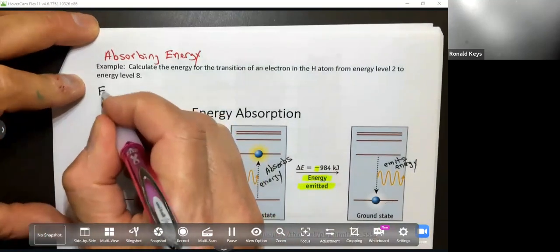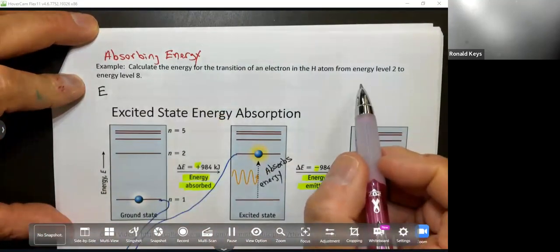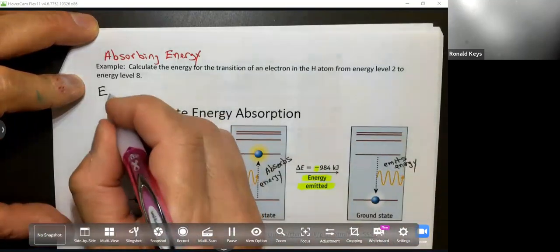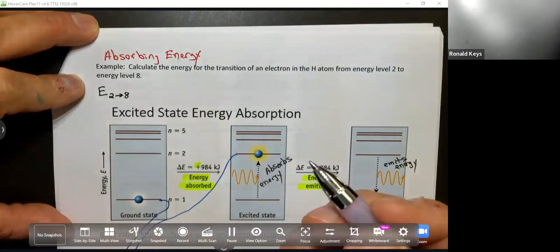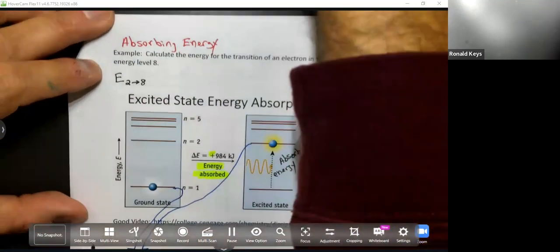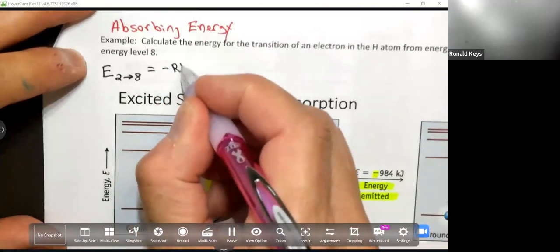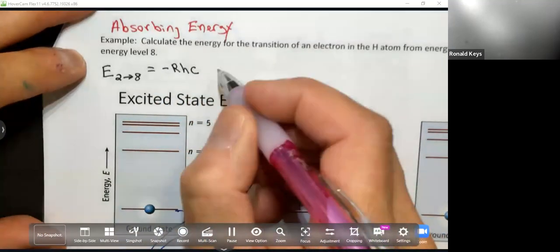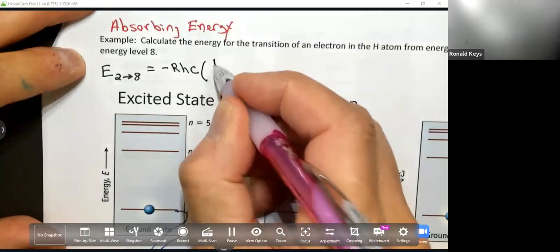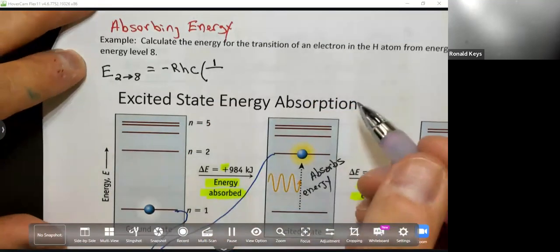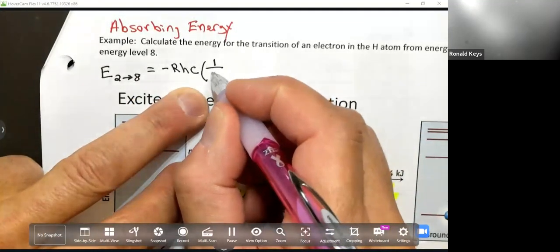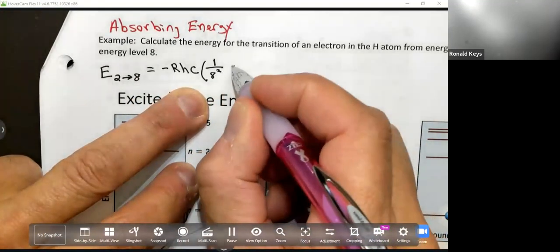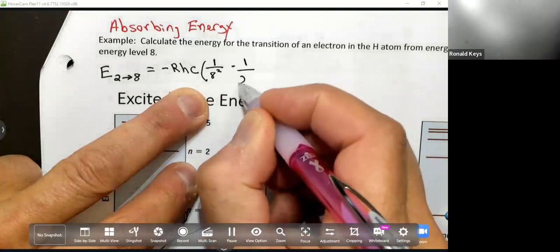So my energy needed to go from 2 to 8, we're going to end up with minus RHC times 1/8 squared minus 1/2 squared.